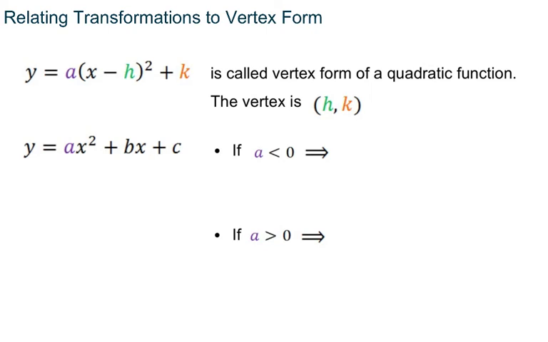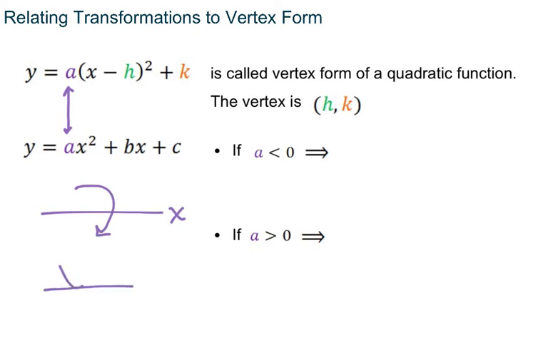Also, if you recall, the A value had to do with vertical shrinking or stretching. But also, if A was a negative value, we could have a vertical reflection across the x-axis.